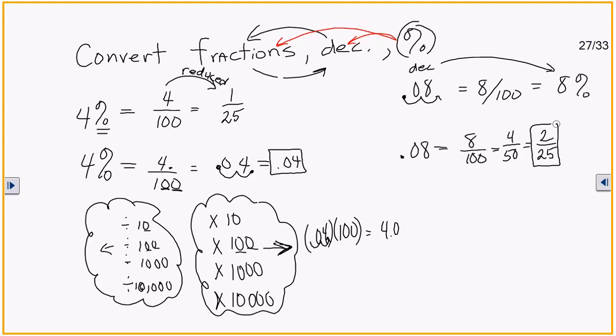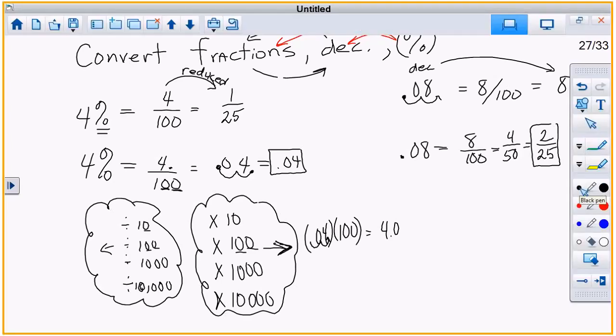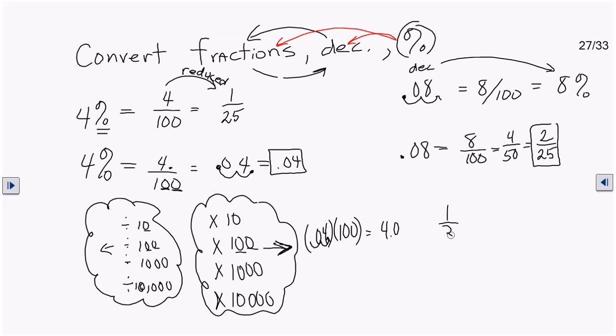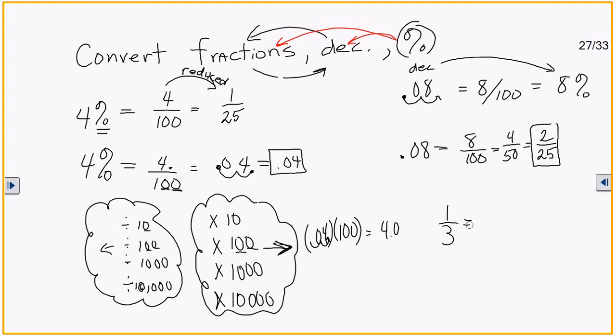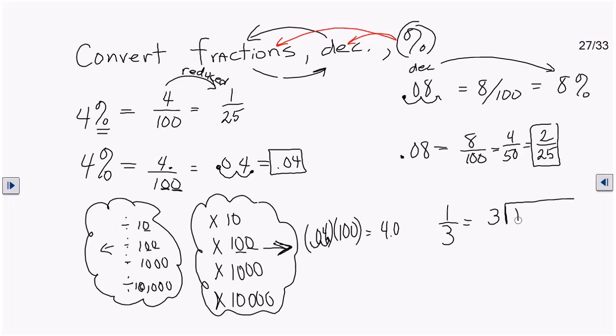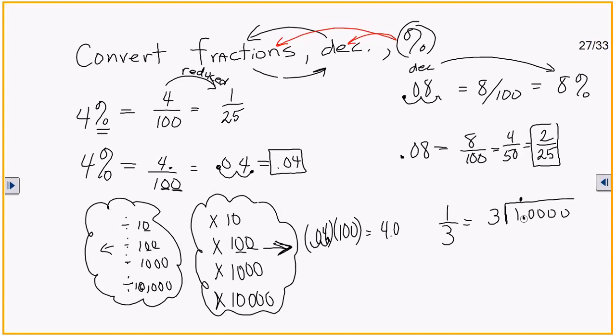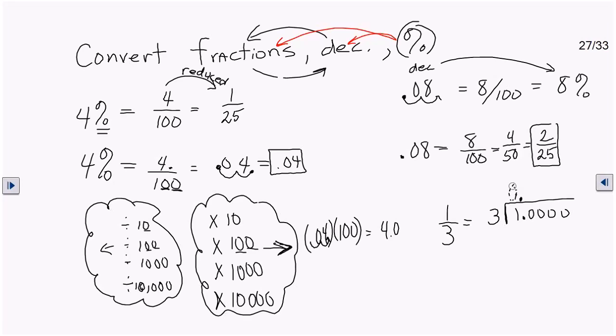Now, what about changing a fraction to a decimal or a percent? Well, let's go with a fraction, 1/3. The only thing you can do with 1/3 is divide. So 3 will go into 1, and you better add some zeros because 3 won't go into 1, so we put that imaginary 0 right there.